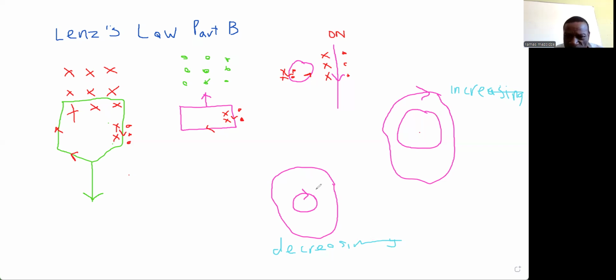In this case, you want to know the direction of the current that is induced in the outer coil. So let's draw the pattern first. If the current is, your fingers are going in here, just use your right hand rule. It's very simple.